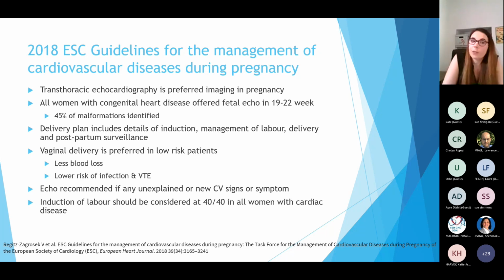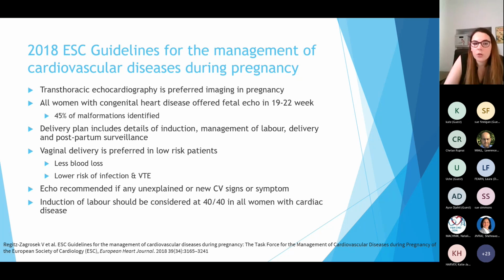All of our patients with congenital heart disease are offered a fetal echo, and in the European guidelines, this should be between the 19th and the 22nd week gestation. And they quote that 45% of malformations would be identified during this screening, but this is something we will hear more about during the later talks.